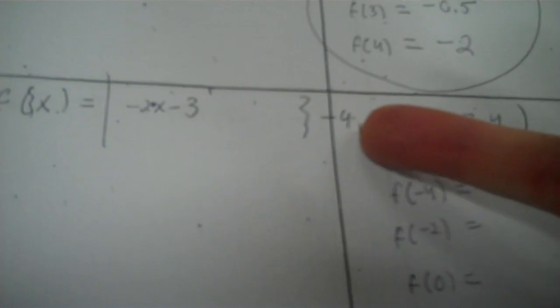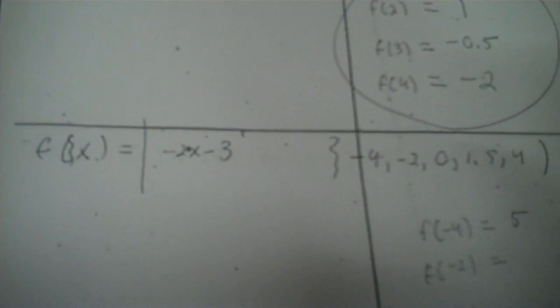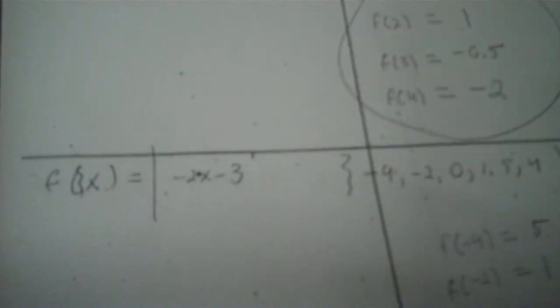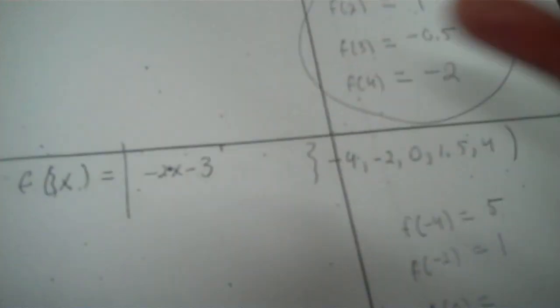Now here we got negative 2 times, and then the x value here, we're going to put negative 4 in. And it is 5, so f of negative 4 equals 5. Negative 2 times, and then x, you're going to put in negative 2 minus 3, that's 1. Negative 2 times, and then 0 minus 3, that's negative 3.